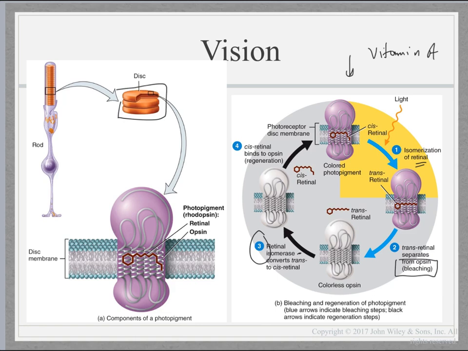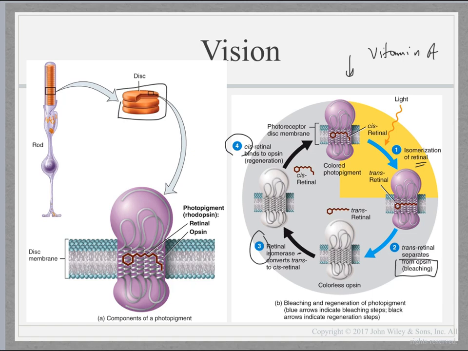So this is where we are in this state. We allow for cis-retinol to bind back to opsin, forming that colored pigment. And again, we are now being active. We're being increasingly sensitive to those dim light conditions.